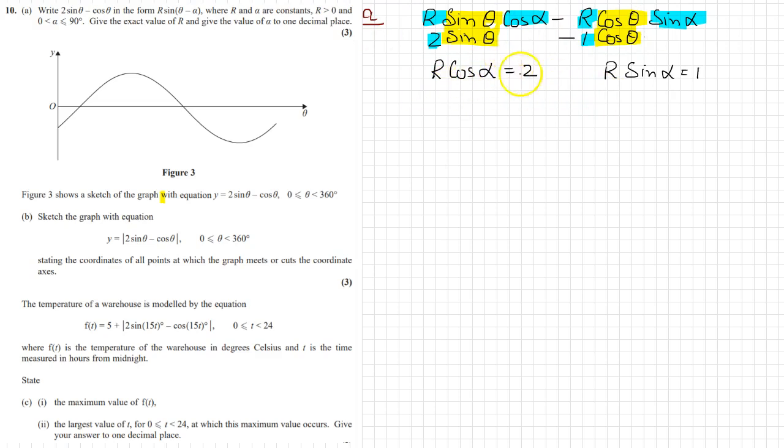Now the simple procedure is that we divide the equations. So what we'll get, r sin alpha over r cos alpha is equal to half. So it means tan alpha is equal to half. So you will get alpha is equal to 26.6.